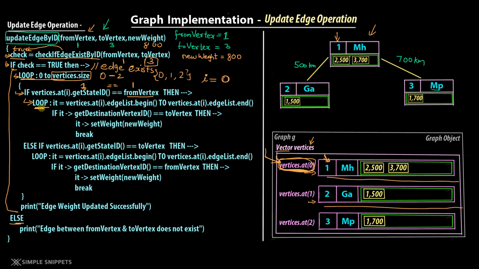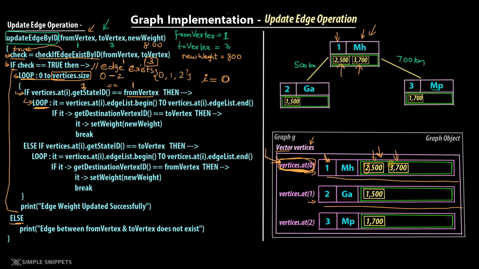This loop is going to go through the different edge objects inside the edge list of this Maharashtra vertex. Let me repeat it again. This second loop, the inner loop, is going to loop through the edge list, that is this green box, and it is going to go one by one from this object to this object, and it will check. What will it check? It will check for this first id.